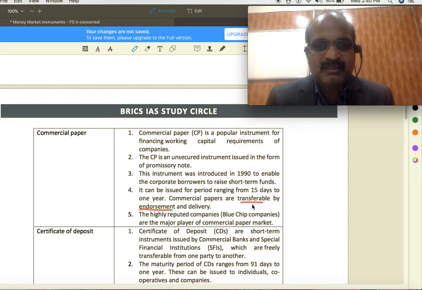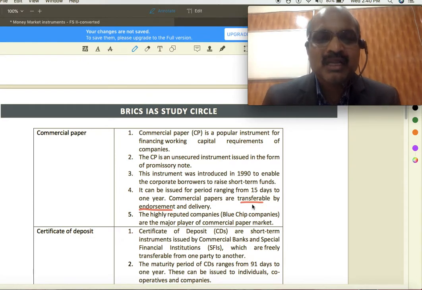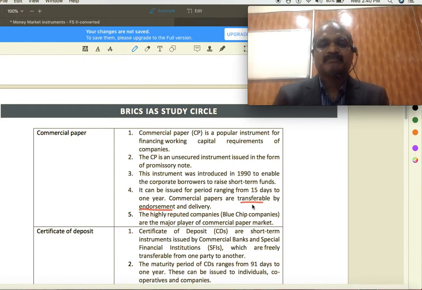Since your name is on the instrument, you cannot simply transfer it without signing. You sign and hand it over to another person, that is endorsement. So commercial papers can be transferred either by endorsement or by delivery.